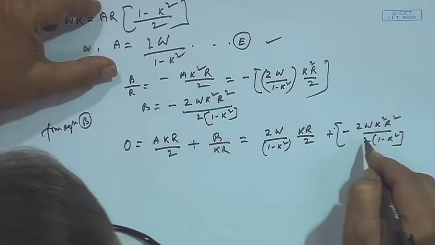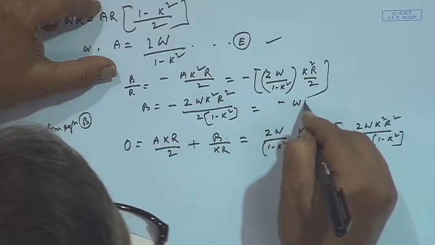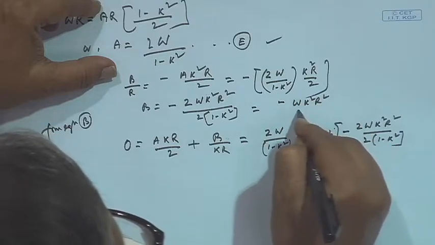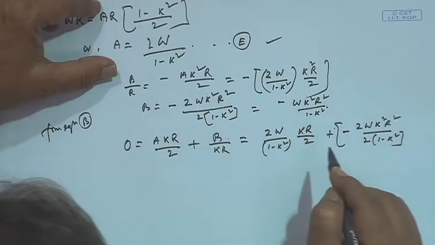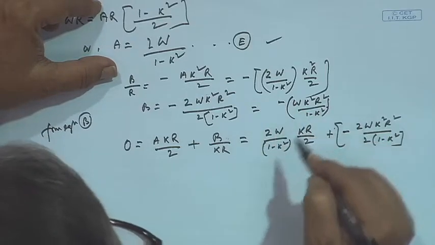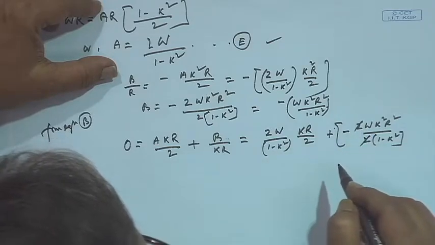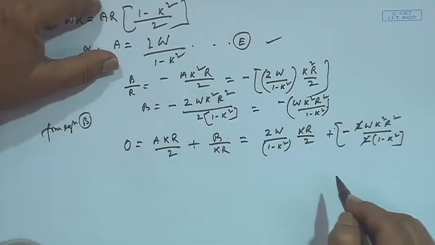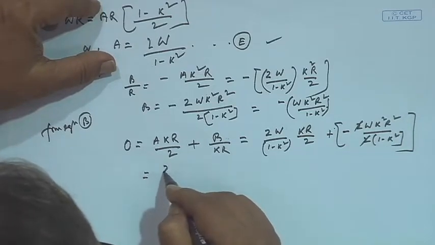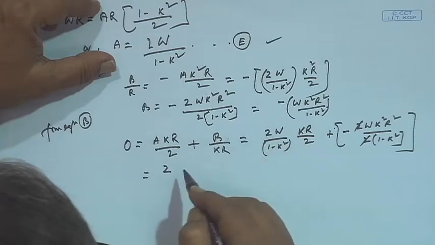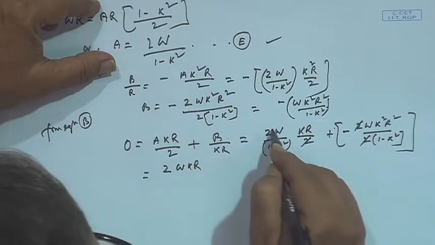So, of course the 2 goes out. So, we could write it as minus omega k square R square by 1 minus k square. This is for B. So, we substitute this 2 and we can rewrite this as equal to 2 omega k R. So, this 2 and this 2 go out.